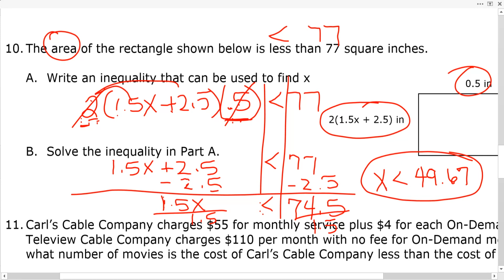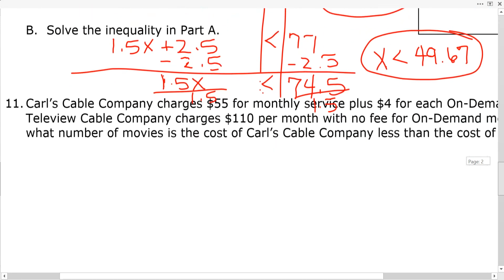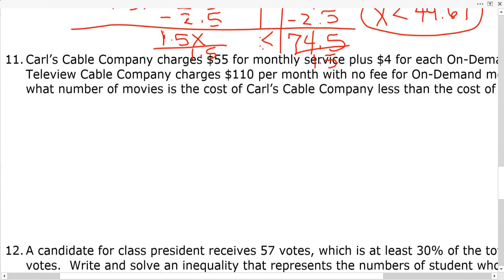Okay, number 11. We have two cable companies and how much they charge, and we want to know when Carl's Cable Company costs less overall than Teleview. So let's write our expression.